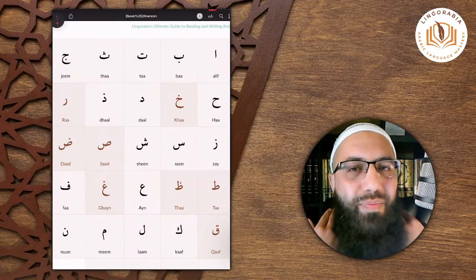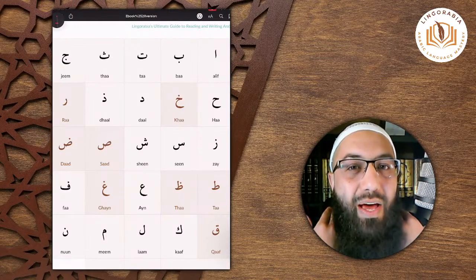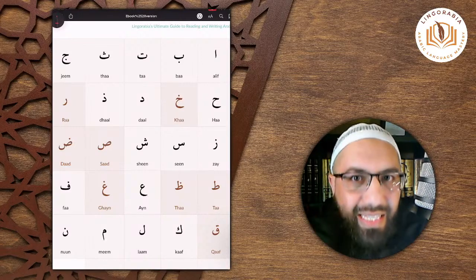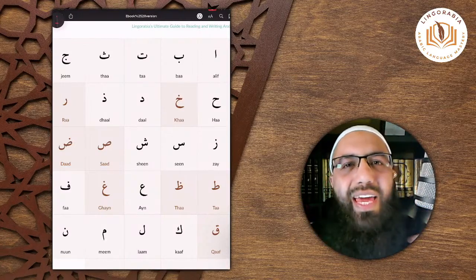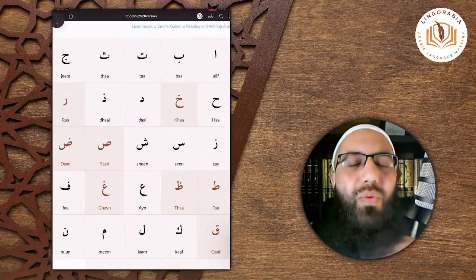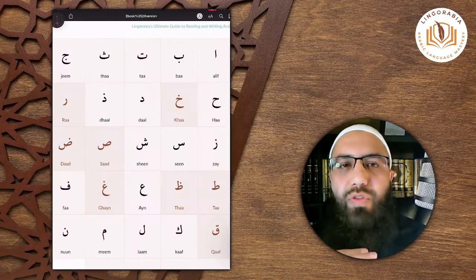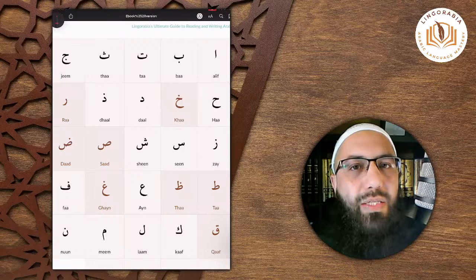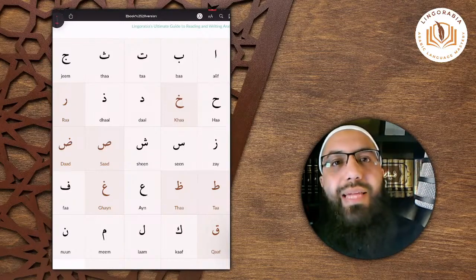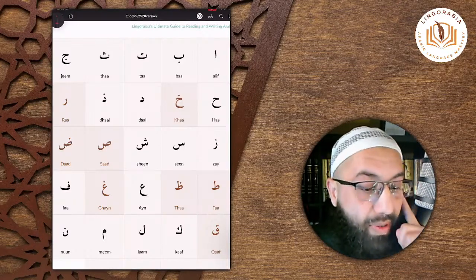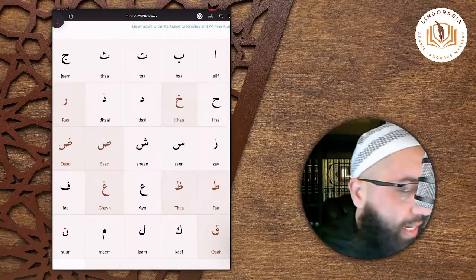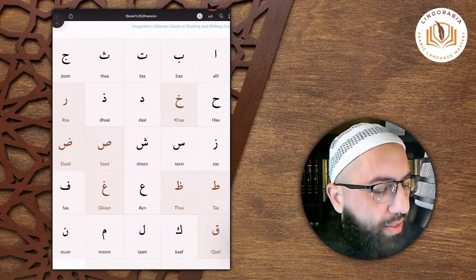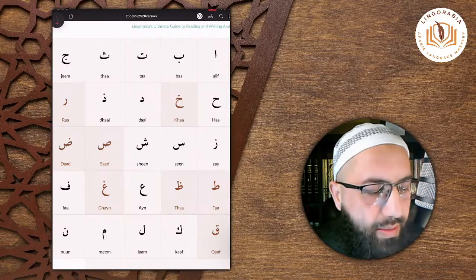So instead of ha, you say ha. You make it heavy because you're going deep in the throat, in the middle of the throat, and that's why sometimes brothers and sisters pronounce this heavily. But remember, the ha is a light letter.